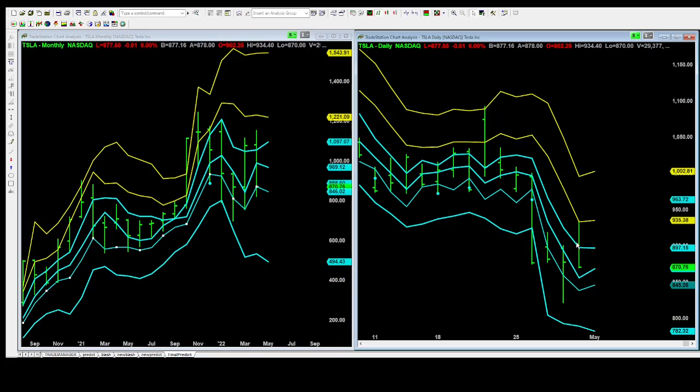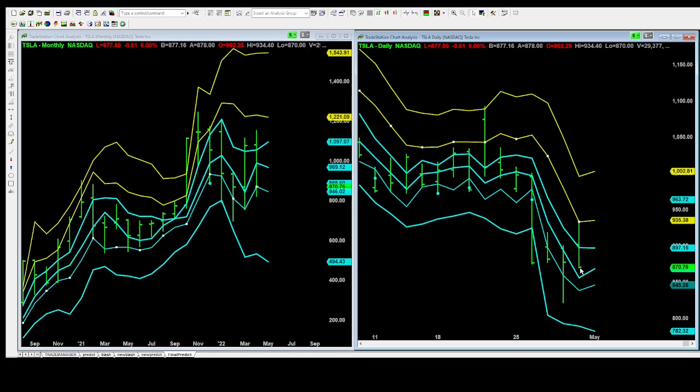Then it fluctuated in this region, and on Friday, it also had a temporary rebound. It opened here, and at a certain time, it tried to rebound and exactly reached this yellow trend line, about $933. That's also a kind of resistance, and when it reached this yellow trend line, it started to decrease.